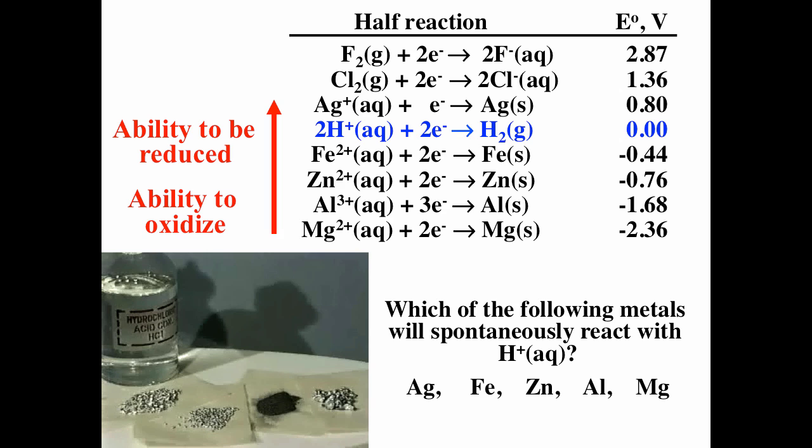It turns out that all the metals below our standard half cell reaction, when you flip them, give you positive oxidation potentials, and so they should spontaneously react with hydrogen ions. The metals above the standard half cell, when flipped, give you a negative potential. So of those 5 metals, silver should not spontaneously react, but iron, zinc, aluminum, and magnesium should all spontaneously react.